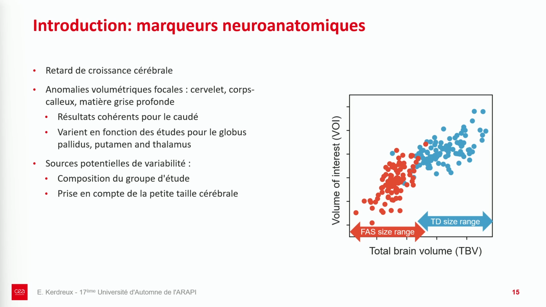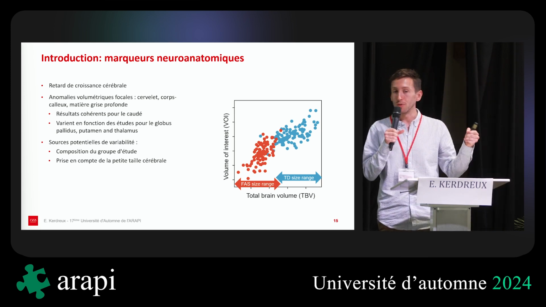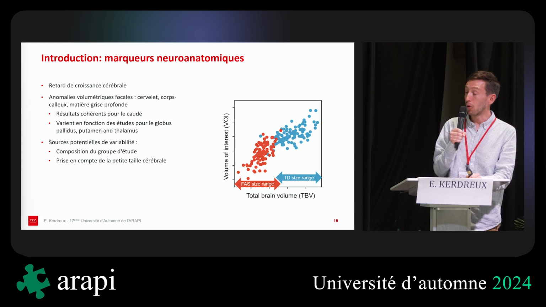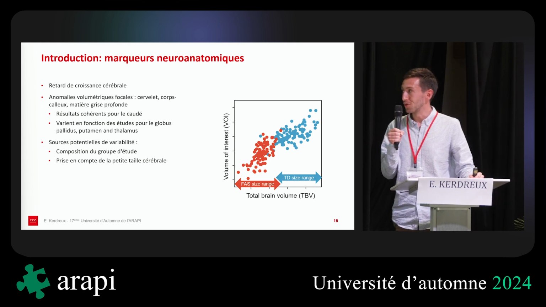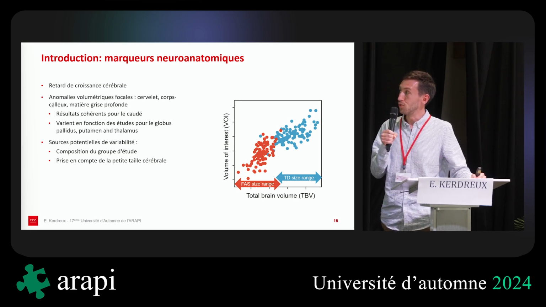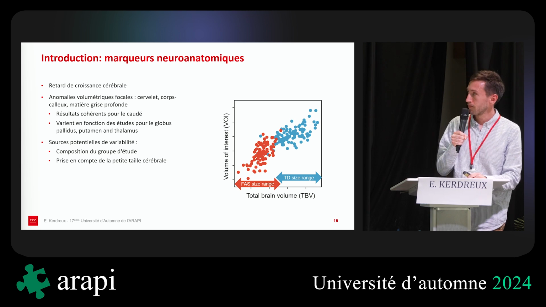And there is also the way we model this total reduction of brain volume. And the relationship is not linear. It's a non-linear relationship. Proportions vary with the size. So if I take, for instance, two brains that have the same size, if I look at one specific region, they will not have the same volume.